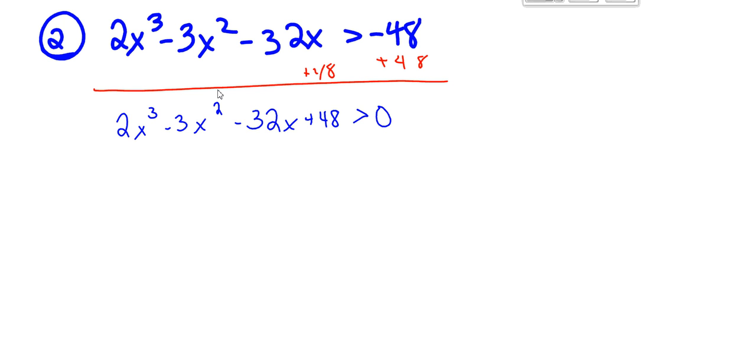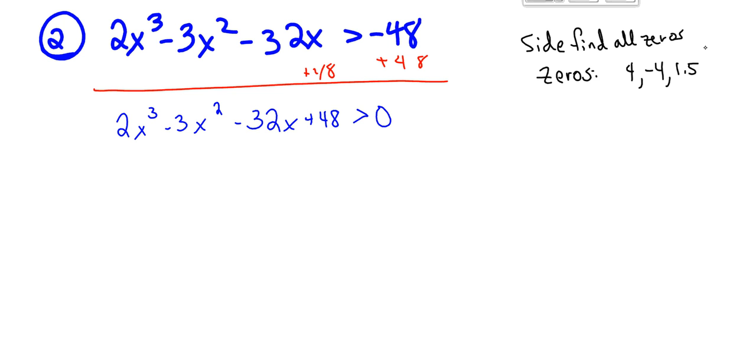So on the side, I'll just kind of say on the side, find all zeros. And the zeros turn out to be 4, -4, and positive 1.5. Sorry, positive 1.5. And I'll leave that for you, or you can ask me sometime if you want to.